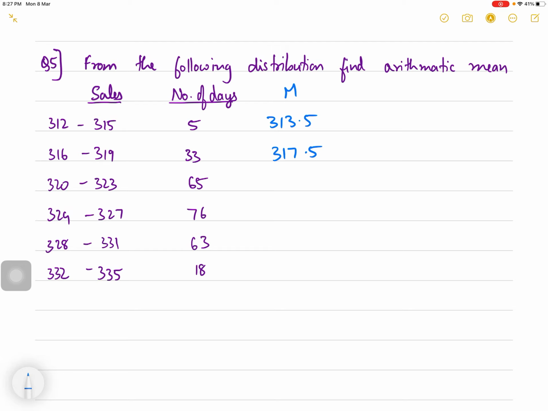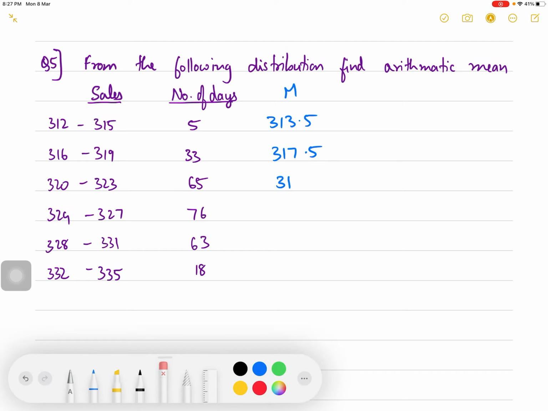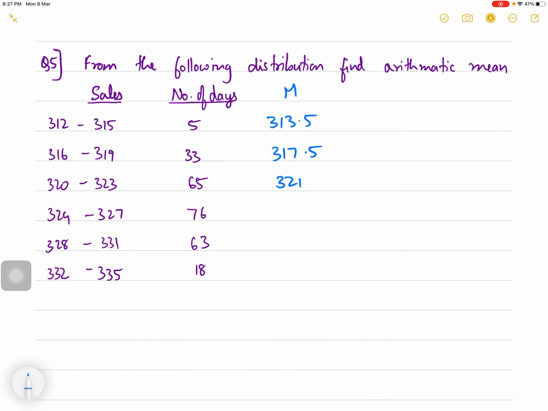320 plus 323 divided by 2 is 321.5. Then 325.5, 329.5 and 333.5. These are the midpoints.